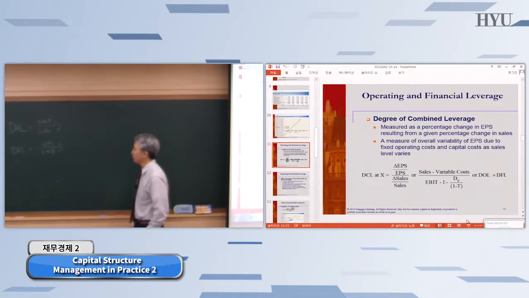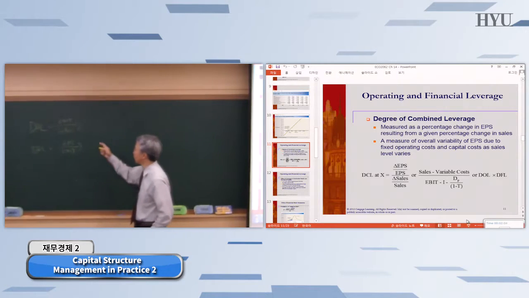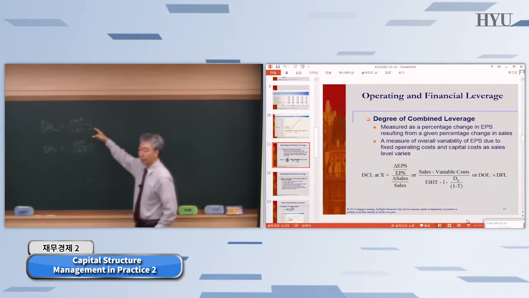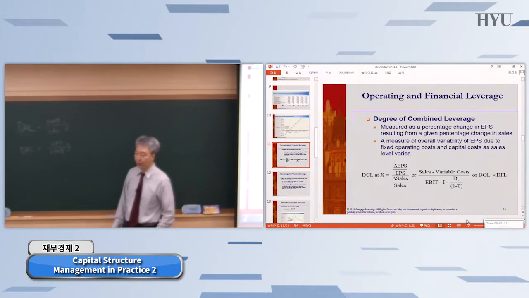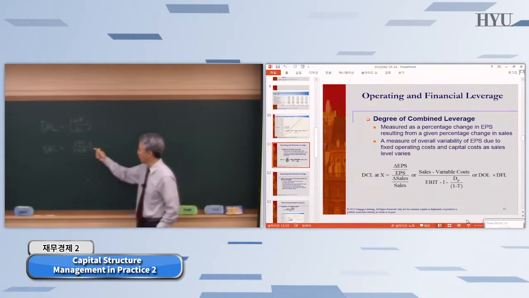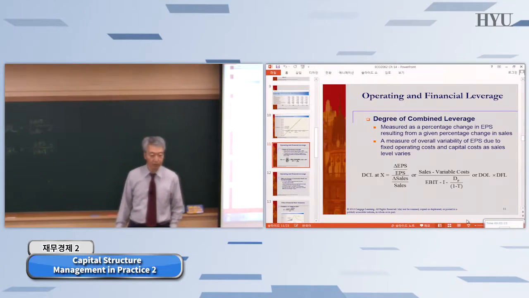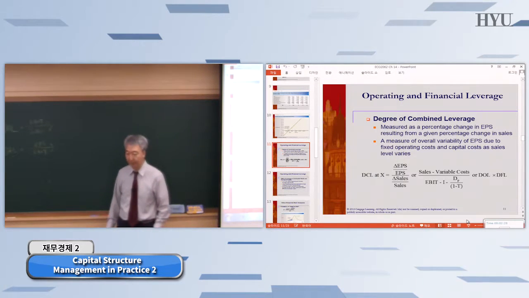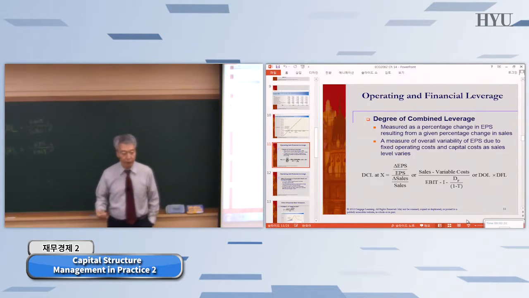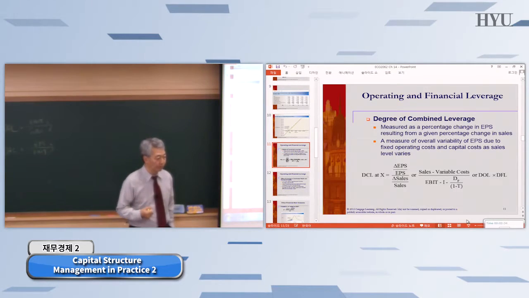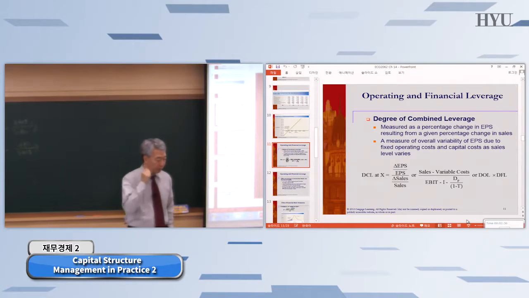And last class we learned that this relationship depends on the fixed cost, how much fixed cost you use compared to the variable cost. And DFL depends on the fixed financial charge, something like interest cost. The more fixed costs you use, the more leverage goes up. When leverage increases there are positive and negative sides.